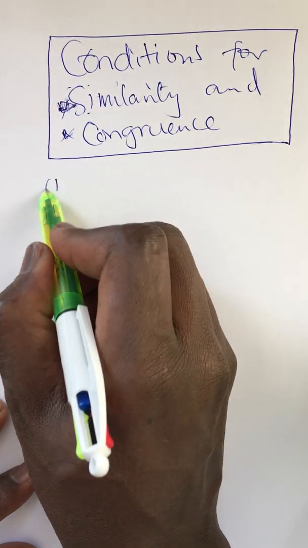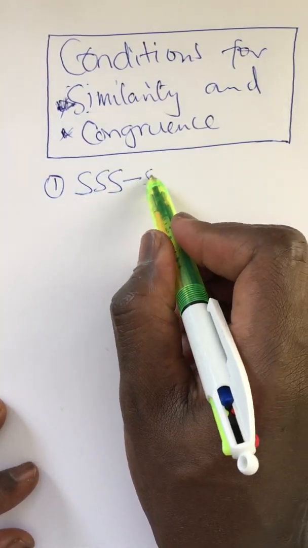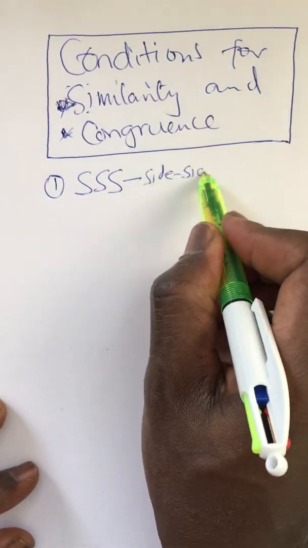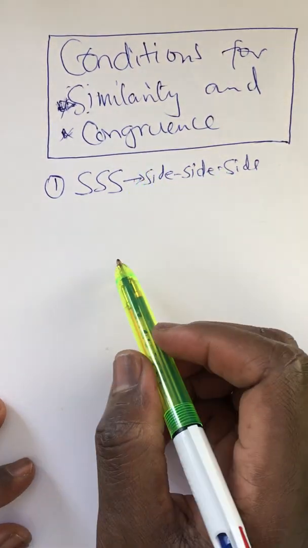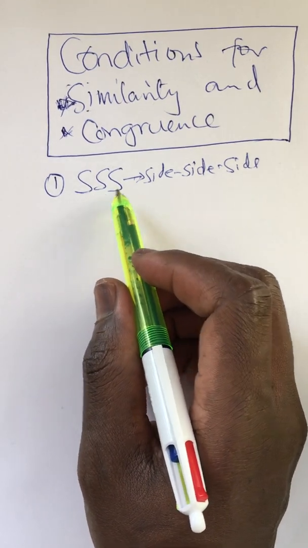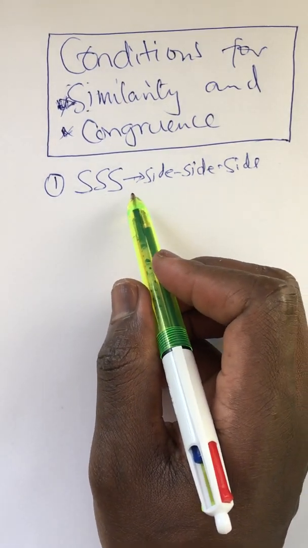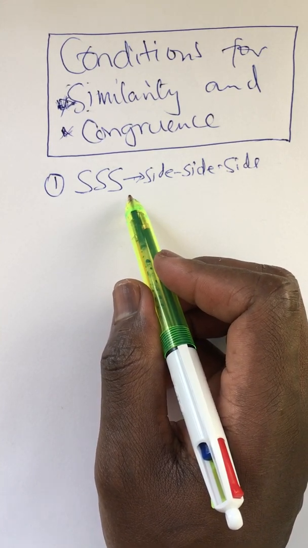So the first condition is what is known as SSS, which stands for side. This condition defines a triangle, because a triangle is defined by three vertices, three angles and three sides.